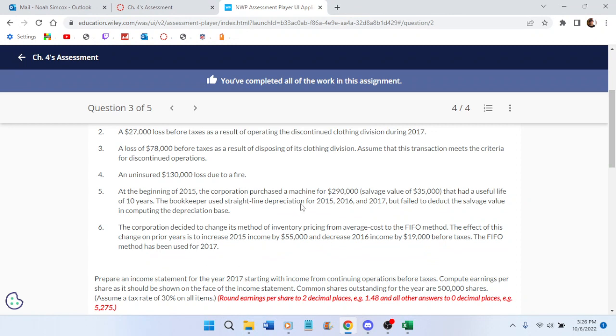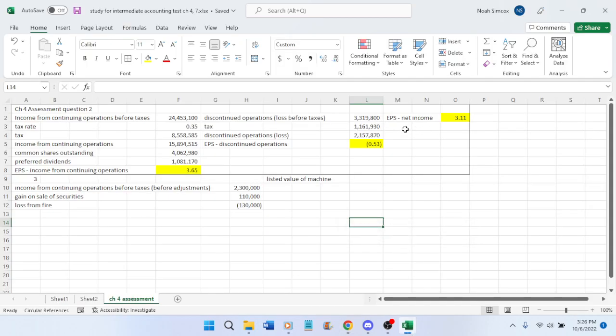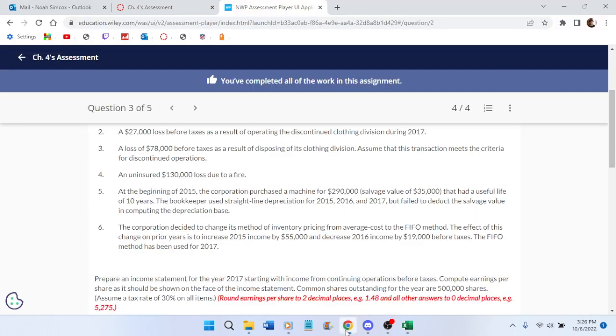So they were going to take away 29,000 per year. Yearly depreciation used. Listed value of machine 290,000.